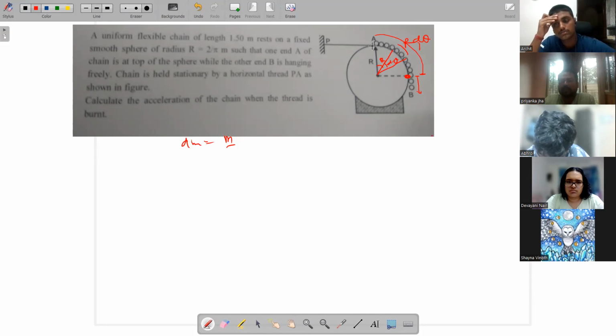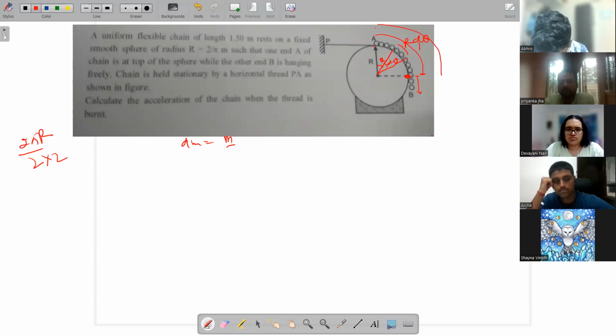So this length from here to here: 2 pi r means the complete circumference, half of that, and again half of this. So this will be the length from here to here only. So 2 pi r by 4, that is pi by 2 into r, which is 2 by pi. So from A to B, if you see AC will be how much? 1 meter.